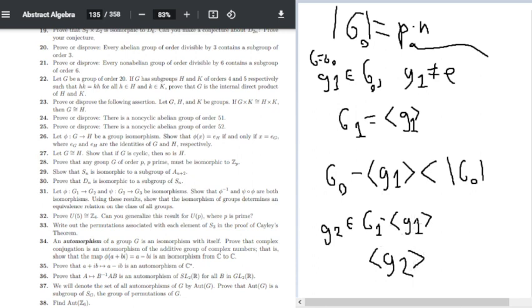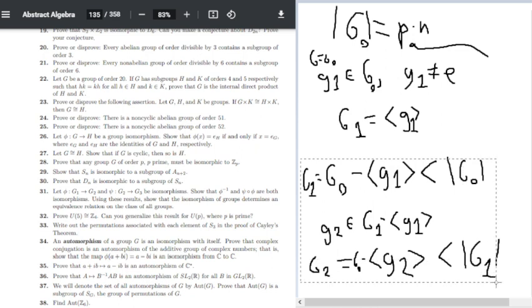We have G2 in G naught minus G1. G1 is equal to G2, which is equal to G naught minus G2, which is less than G1. So now we have an algorithm that chops our group into cyclic groups of prime order.